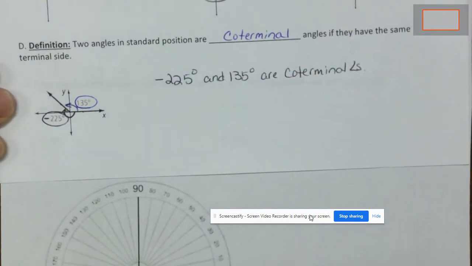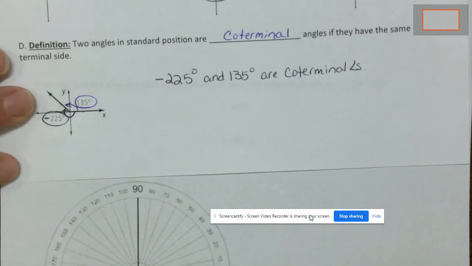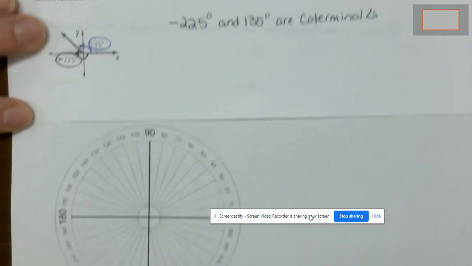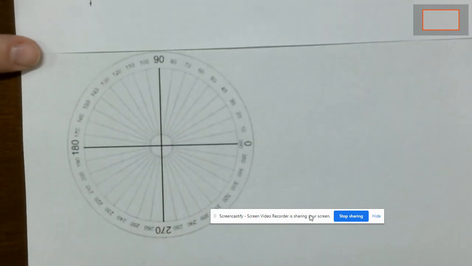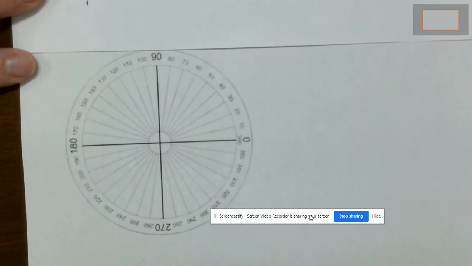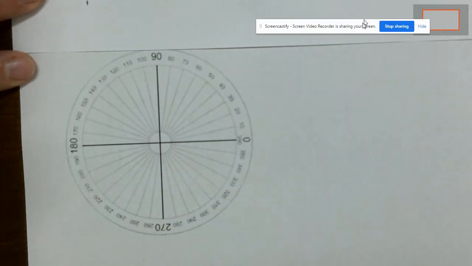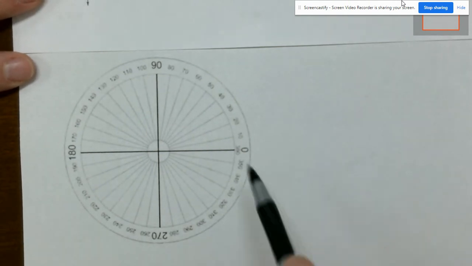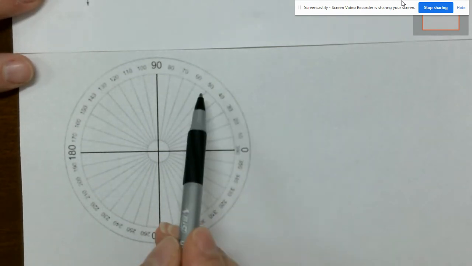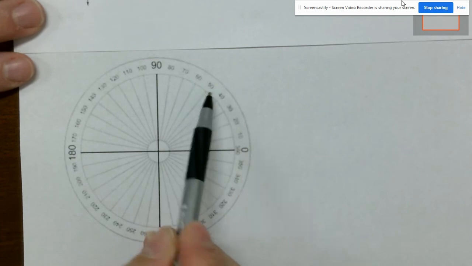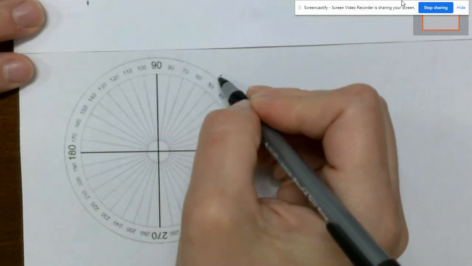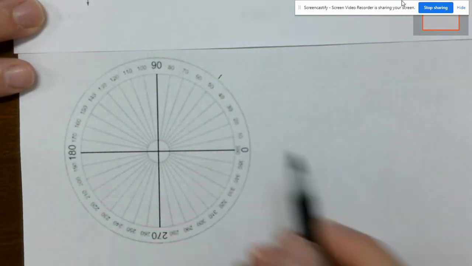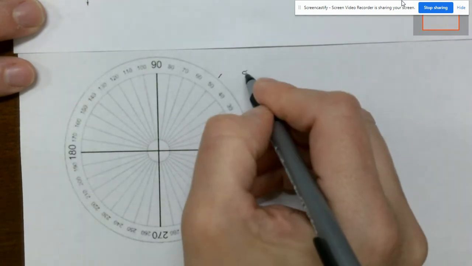Now, in order to help you to see these a little bit better, on the next page on your CAMI document, I have given you something that looks like this. So if you will look at this, it will help you to see what I'm talking about. So for instance, if I were looking at angle 50, if I were looking at this angle right here, 50 degrees.